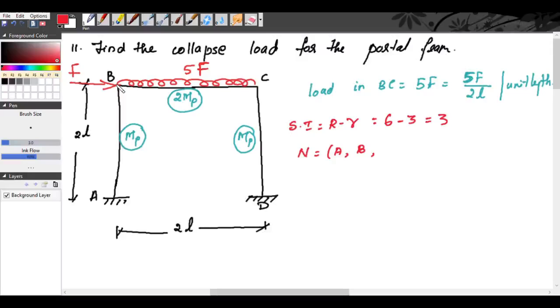This is a UDL throughout the span, so the maximum bending moment will occur at the center of the span. Let us take that point as E. At E there is a possibility of a hinge, at C there is a possibility of a hinge, at D there is a possibility of a hinge. So the total possibility of hinges is 5. That means your number of independent mechanisms will be 5 minus 3, which is 2.